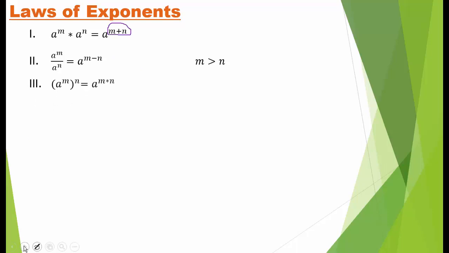Now the third law, a raised to power m whole power n.